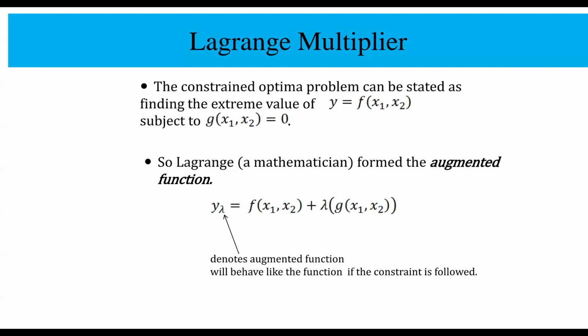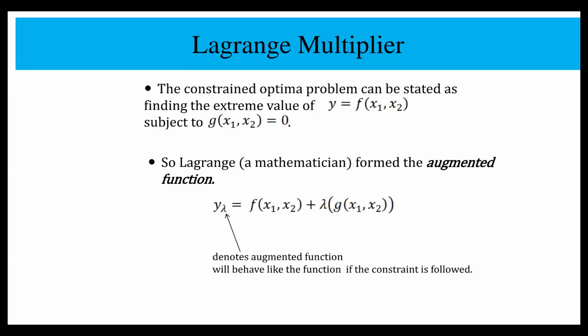And then he introduces another variable, a new variable, which they call lambda. This lambda is basically what you call the Lagrange multiplier. So we have the augmented function, which combines together the objective function.